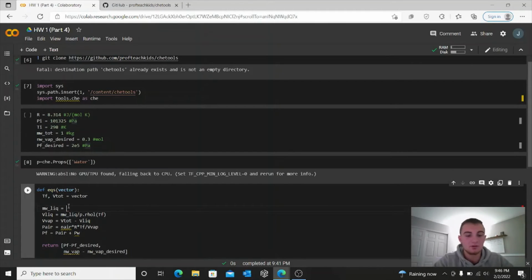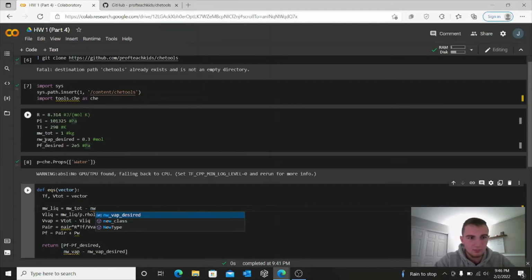The mass of water in the liquid phase equals the mass of water total minus the mass of water in the vapor phase. Well, we know the mass of water in the vapor phase equals the number of moles of water in the vapor phase times the molecular weight of water. So we can enter that in.